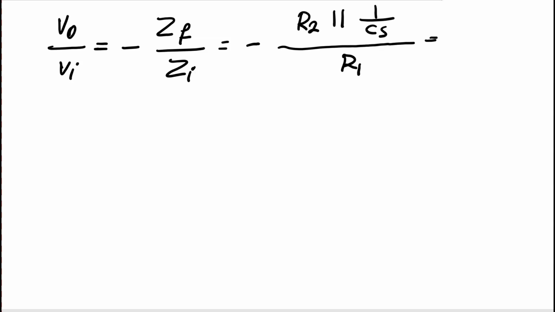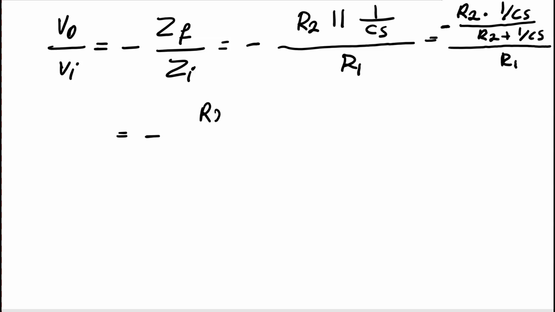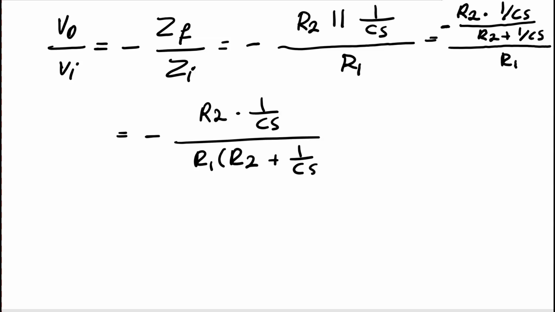So I'm going to have R2 multiplied by 1 over CS divided by R2 plus 1 over CS. This is what I have for the parallel equivalent of R2 and 1 over CS. I have the negative here and R1 in the denominator. I will combine them, and I'm going to have minus R2 multiplied by 1 over CS divided by R1 multiplied by R2 plus 1 over CS.